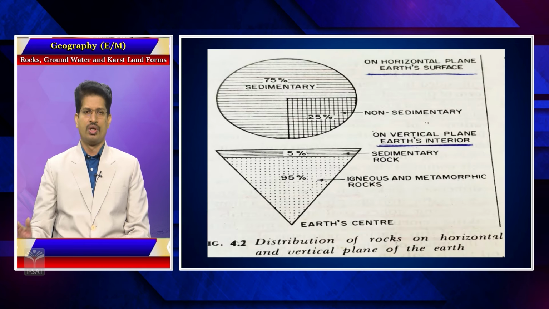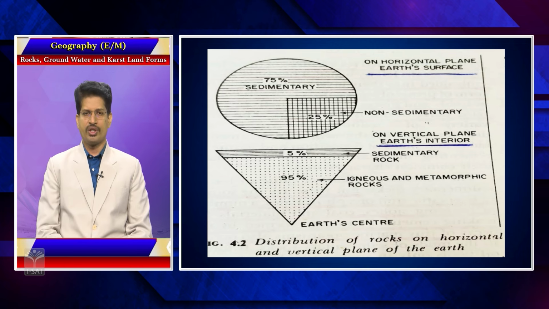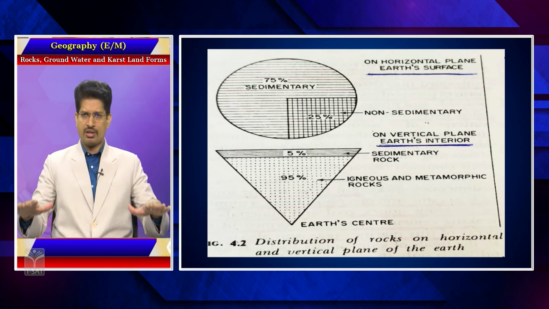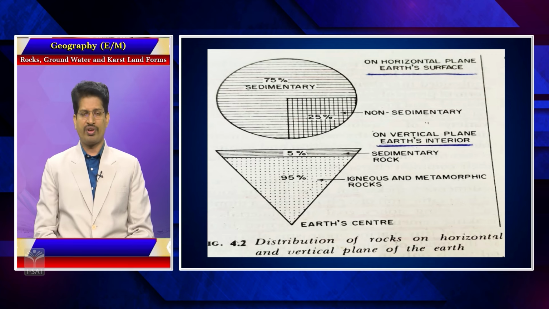Here, when we compare the rocks, as I have differentiated between sedimentary, igneous, and metamorphic rocks, and consider the top surface of the Earth, 75% of the Earth's surface area is covered by sedimentary rock.